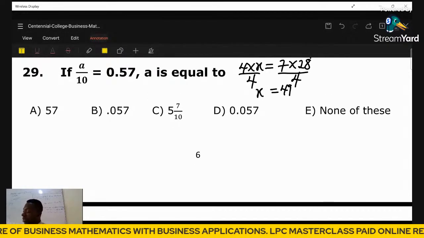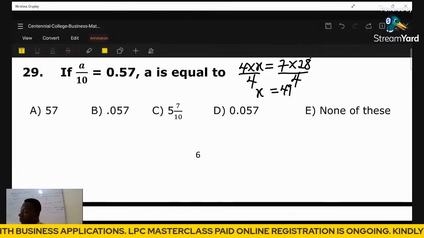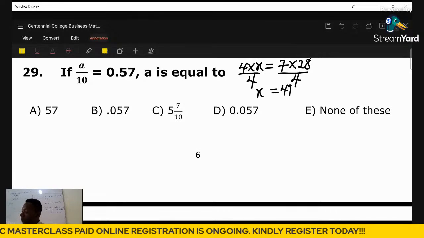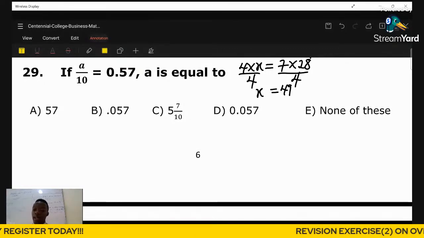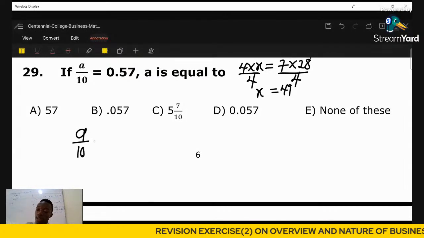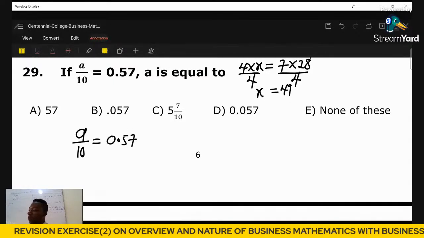Question number 29. We have A out of 10, and that should equal 0.57.